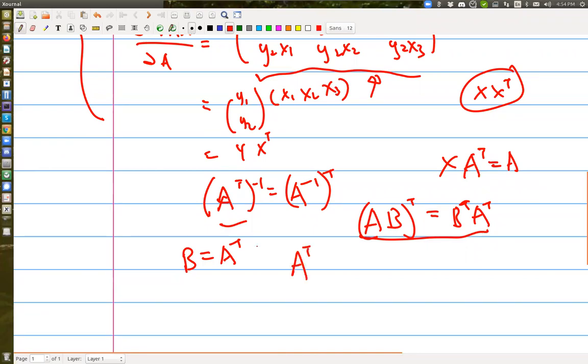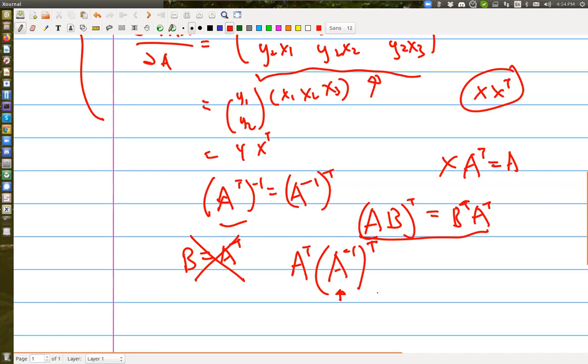Maybe I don't even need this, right? If something is the inverse of that, I multiply by this, and it should get back the original thing. So I claim this is the inverse. Let's say I do something like this first.